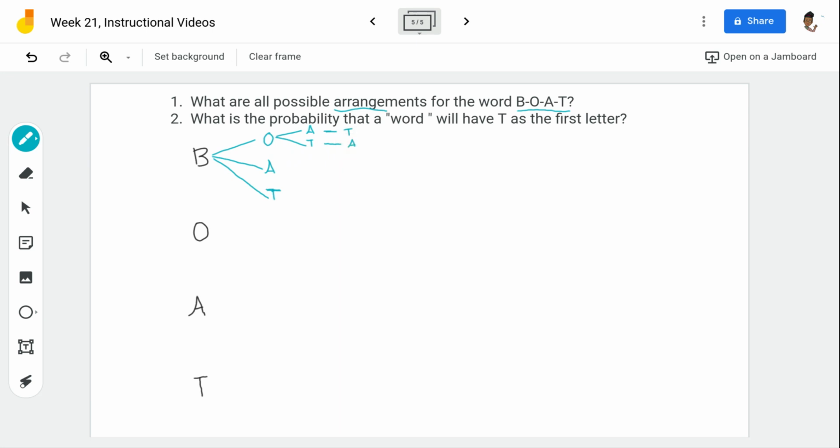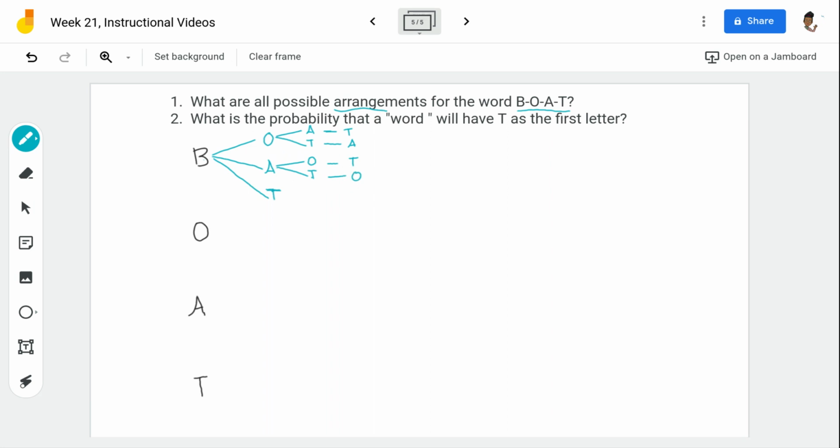So now I'm going to go to the BA. If I've used a B and an A, what's left from boat? That would be an O and a T. Well, if I use BAO, then what's left? A T. And if I use BAT, then what's left? An O. Okay.